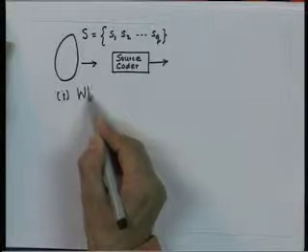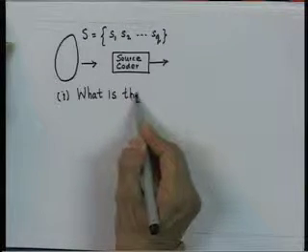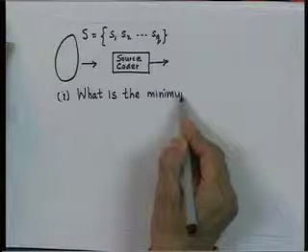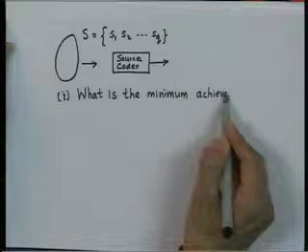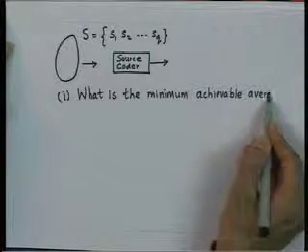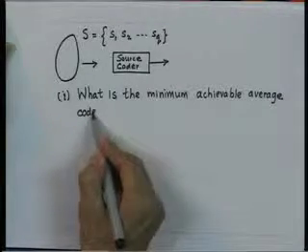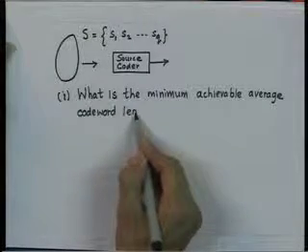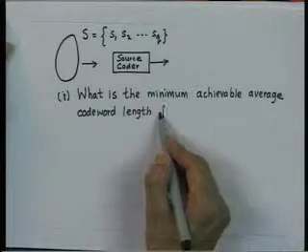what is the minimum achievable average code word length for a given source?